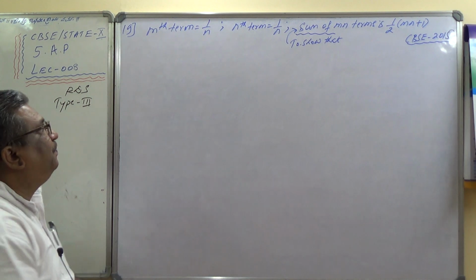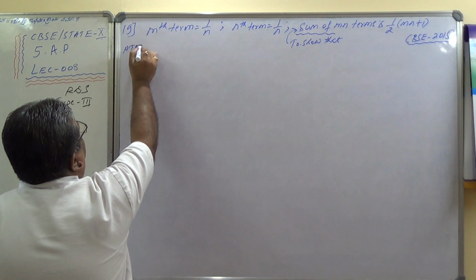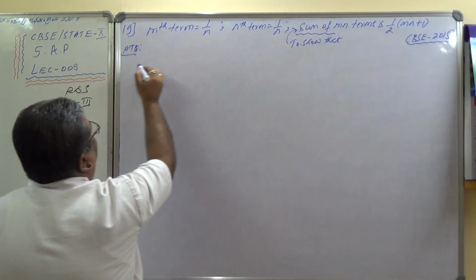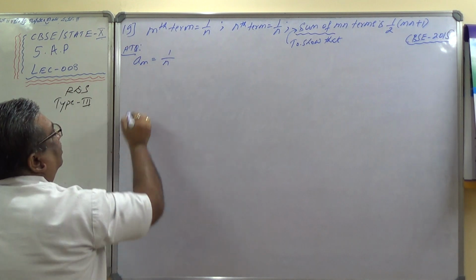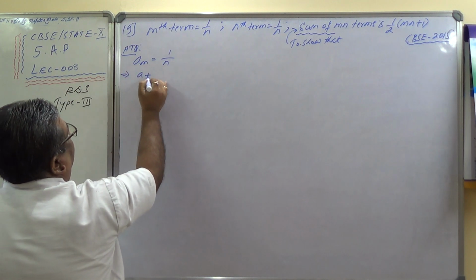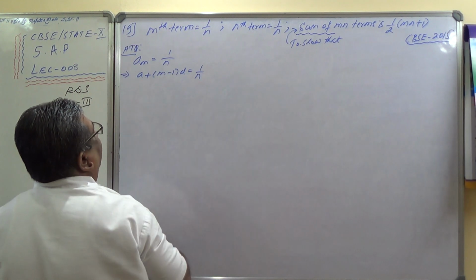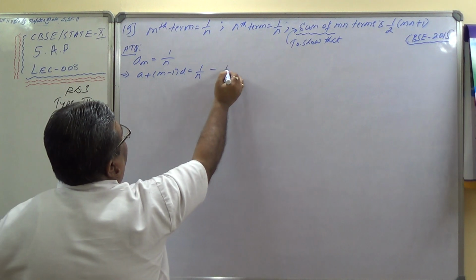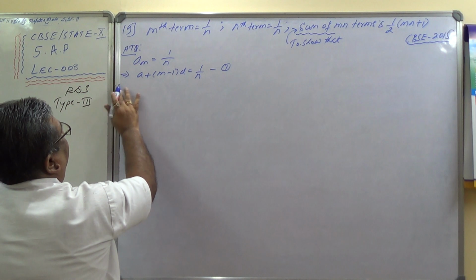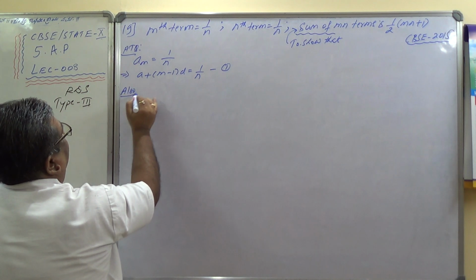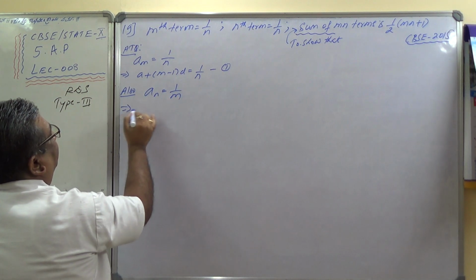How to solve this? Let's see according to the question. The mth term is 1 by n. Am equals 1 by n implies A plus m minus 1 into D equals 1 by n. Mark this 1. Also the nth term is 1 by m. An equals 1 by m.